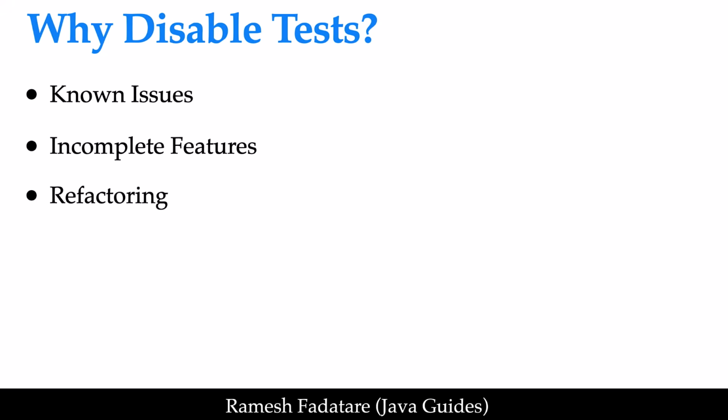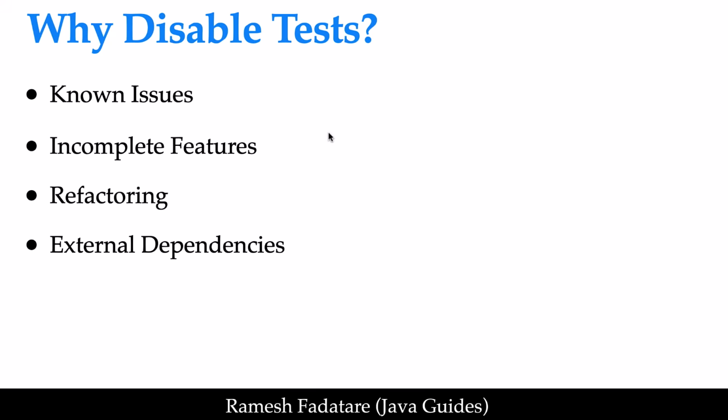Refactoring: when refactoring code, you might temporarily disable tests that are affected by the changes until the refactoring is complete. External dependencies: if a test relies on an external service or a resource that is currently unavailable, you might disable the test until the dependency is back online. Okay, so these are some of the scenarios where you can disable test cases.